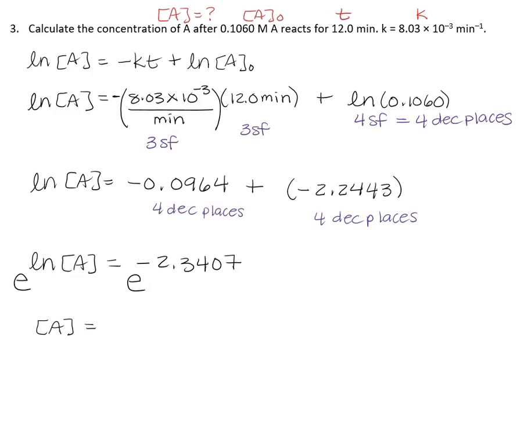The rules of sig figs go in reverse. So we have 4 decimal places here, and when we take the antilog, we need to end up with 4 sig figs. So doing the math, we end up with 0.09626. And the units are molar.